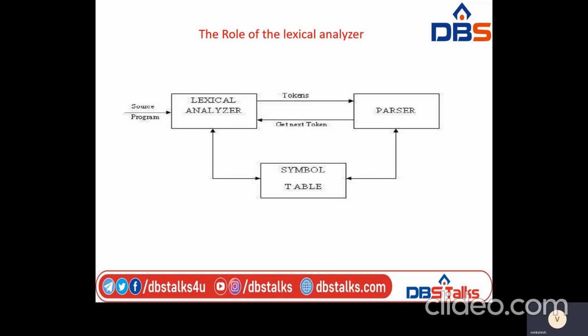Another role is that it counts the line numbers of the source program. For example, if the source program has 10 lines, it keeps track of which line is being converted into tokens. It is divided into two processes: one for deleting comments and white spaces, and another for producing the sequence of tokens.